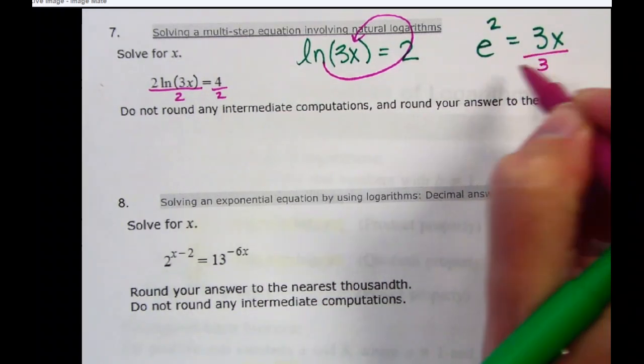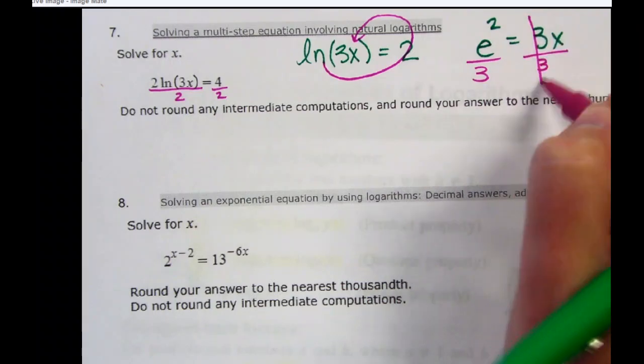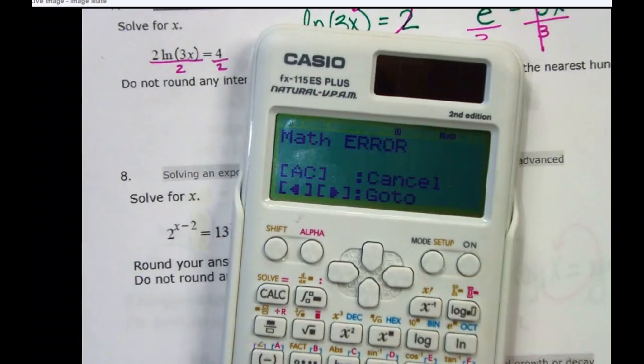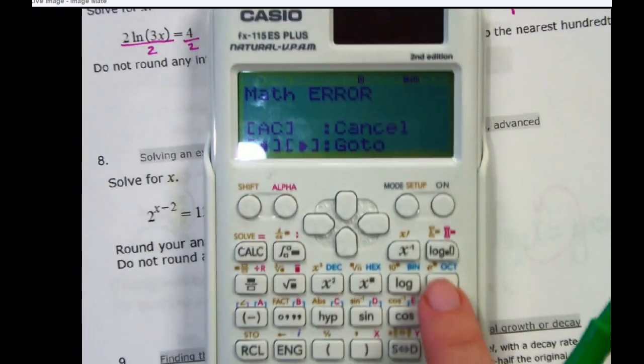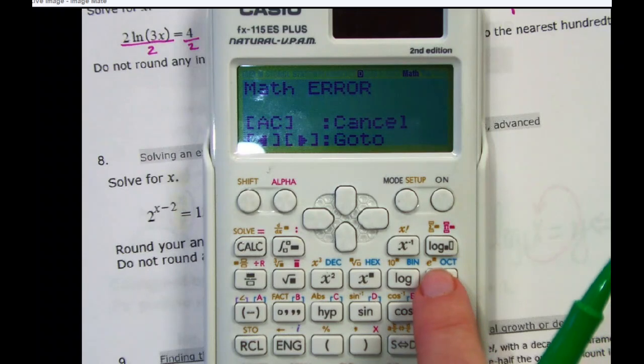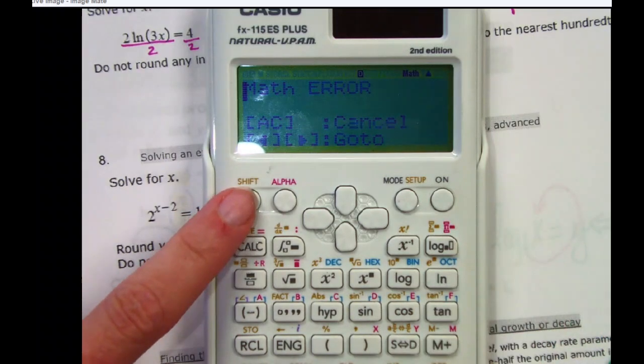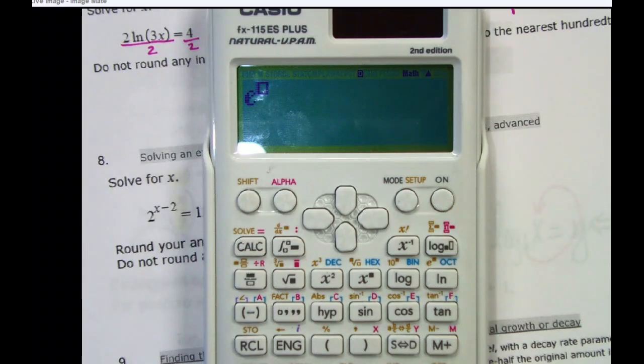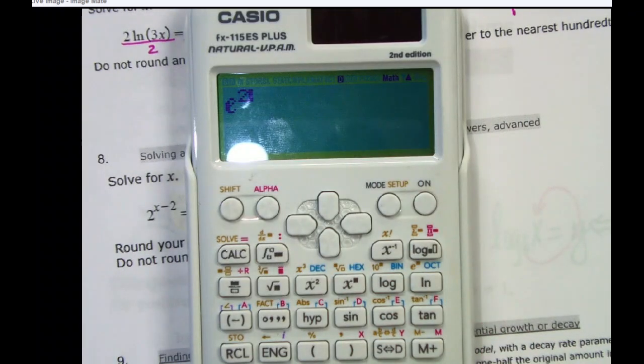He says that's going to be our next step. All right, where is the E button on this thing? I've got to do the second, don't I? That one right there? All right, let's get out of here. So second E to the second? Yeah. Second. And then I'm going to divide that by 3.